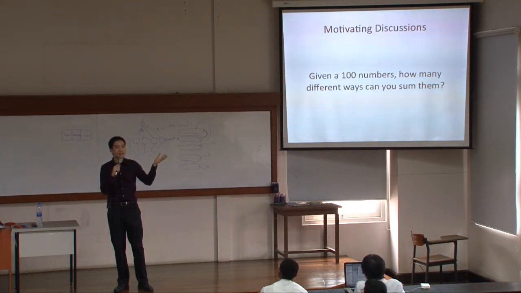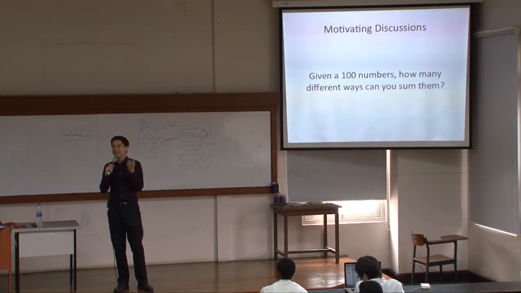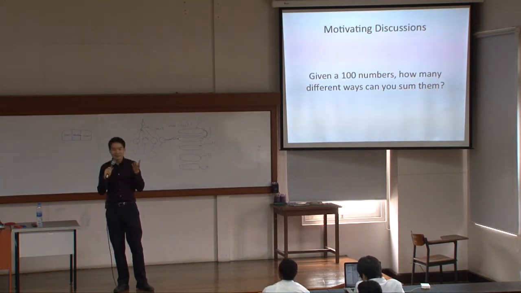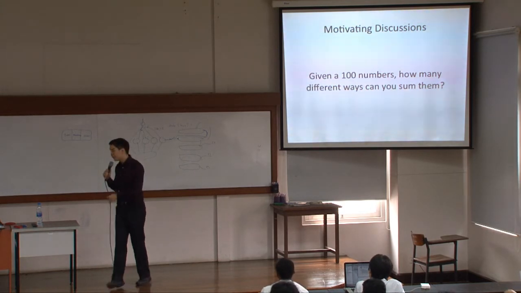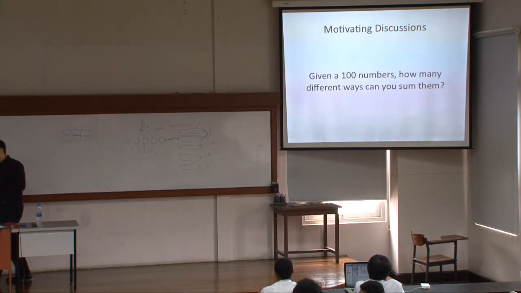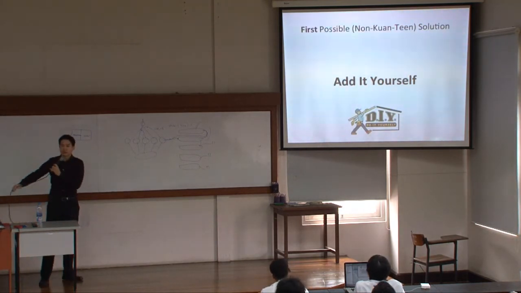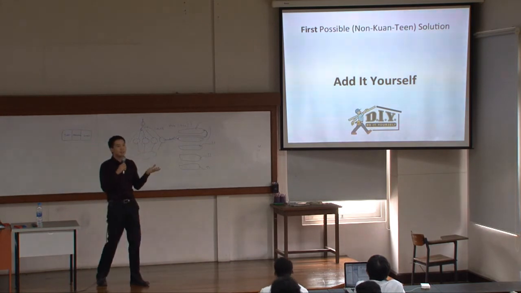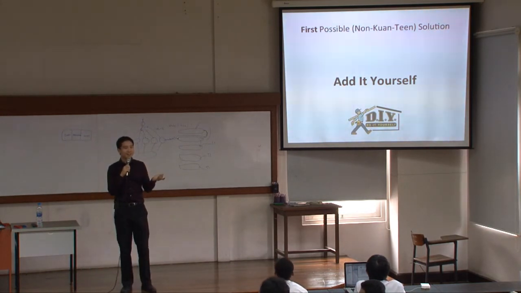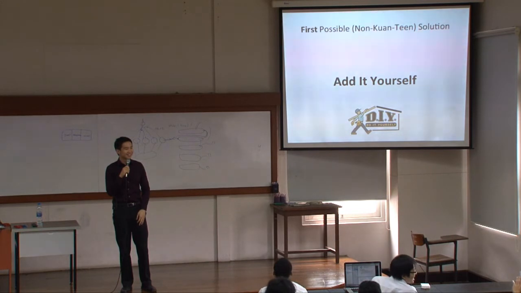Sum it yourself, right? That should be pretty obvious. You're in the exam room. I ask you to sum 100 numbers. The first solution is do it yourself, right? You can sum the numbers yourself. DIY.